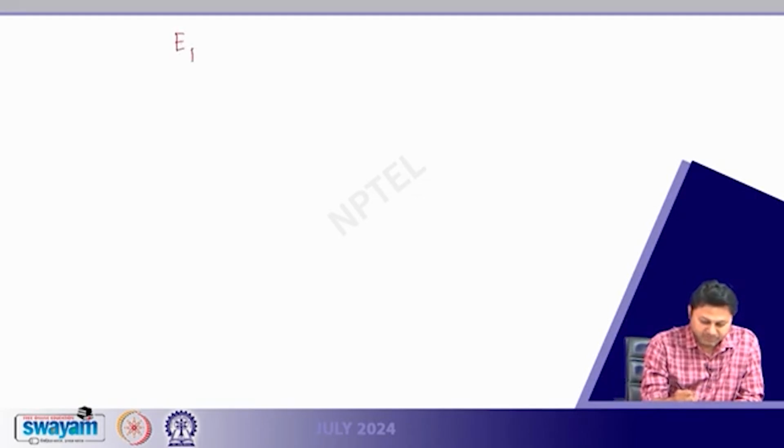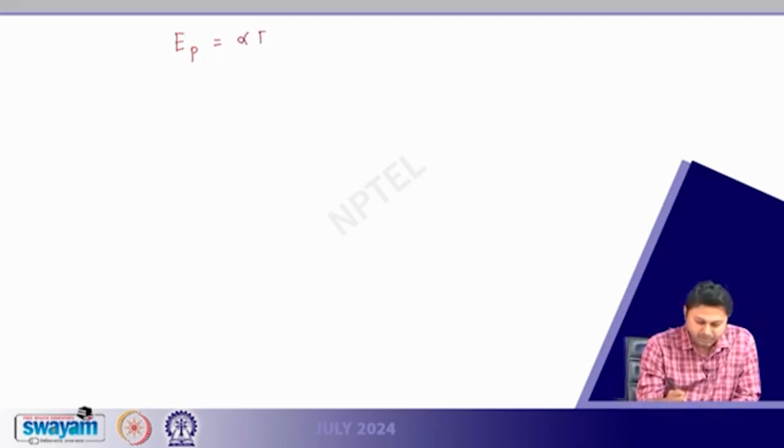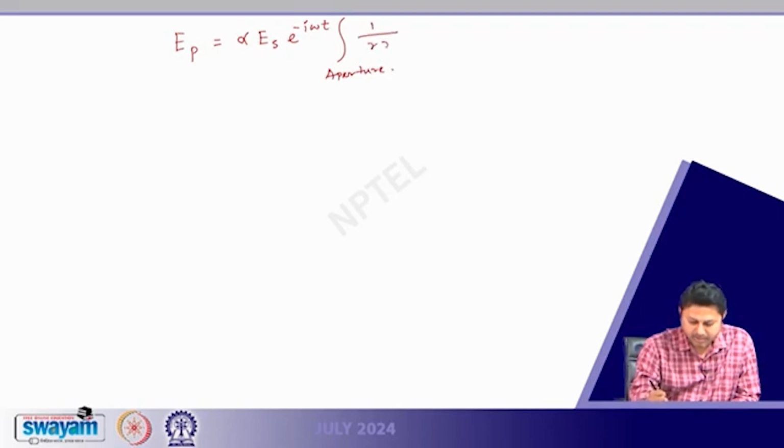So, let me write down once again that EP is equal to alpha ES, then e to the power of minus i omega t, and then over the aperture we have 1 divided by r prime, e to the power of i k (r plus r prime), dl.